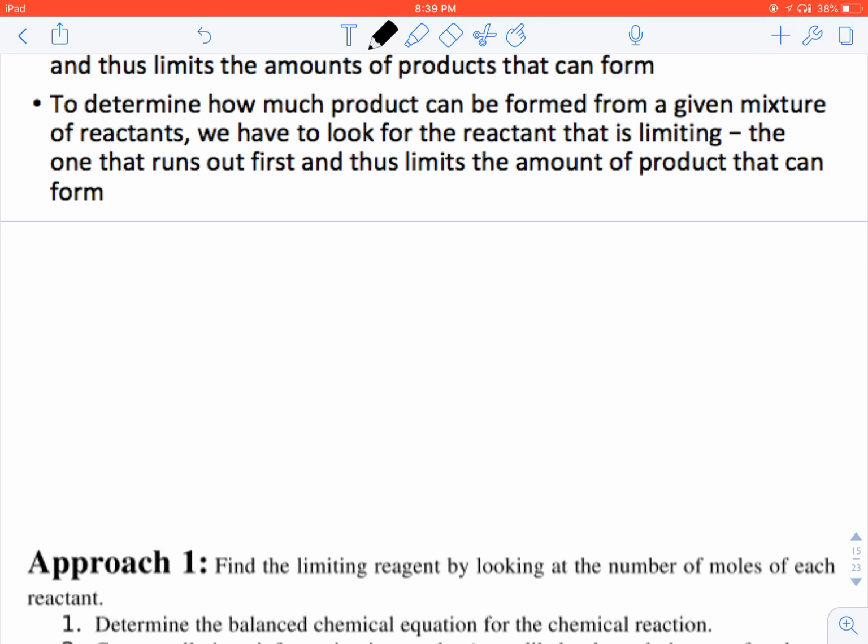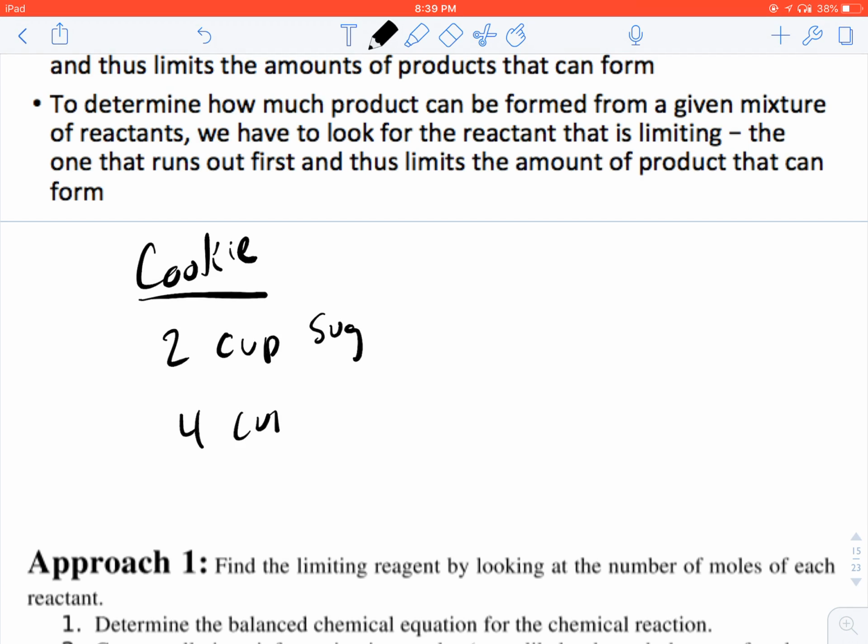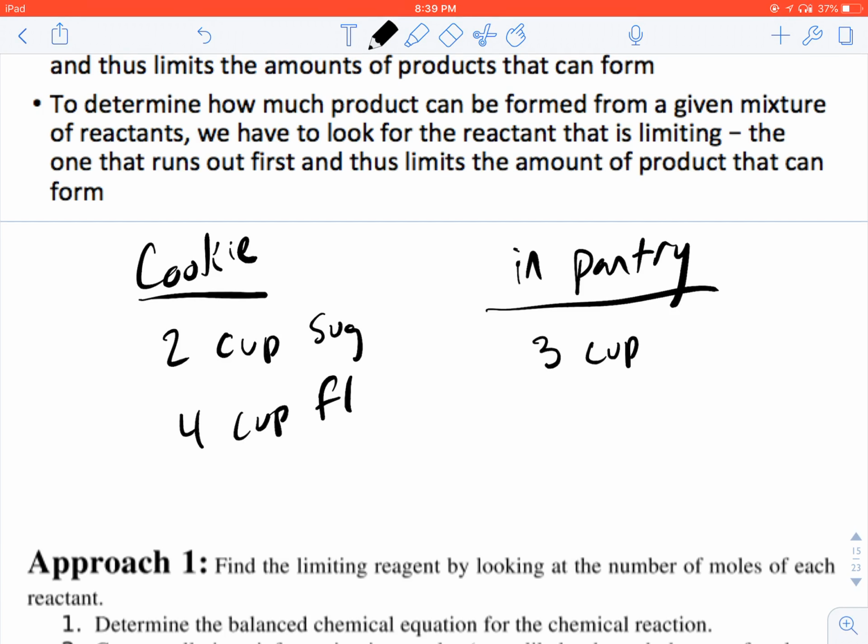When you're making cookies, let's just say we had a cookie recipe, and we knew it took 2 cups of sugar and 4 cups of flour. Now, let's say you went to look in your cupboard or in the pantry, and you saw you only have 3 cups of flour.